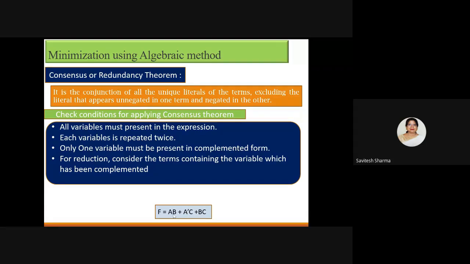Actually what the redundant term here is: the variable that is in true form and its complemented form will be present, and the rest term will be redundant. So here A is present here, A is present here, A complement is present here.